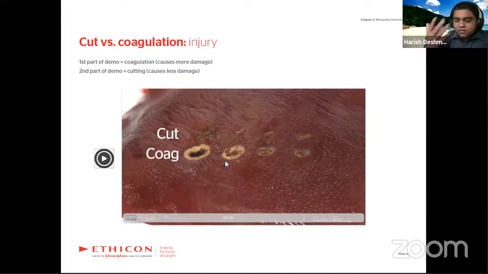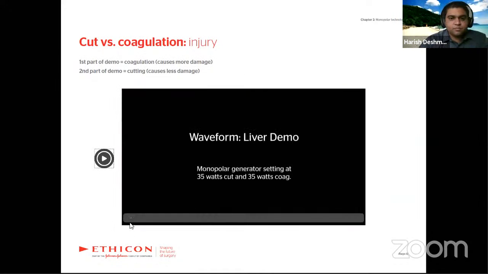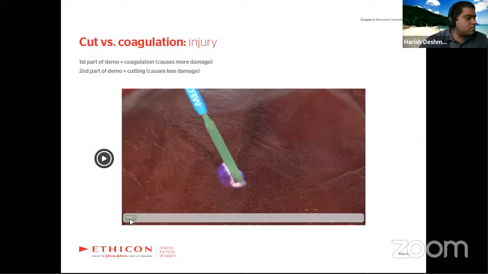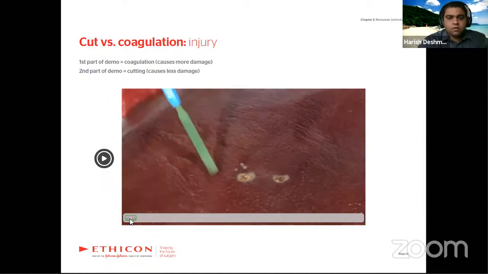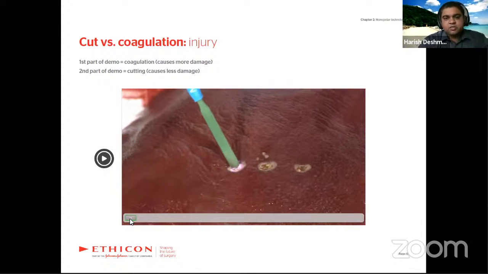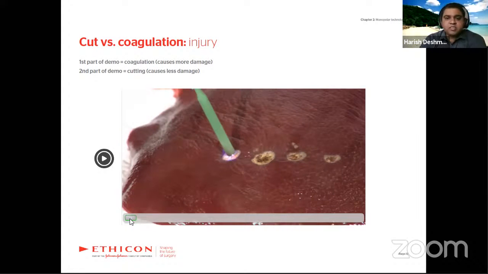So if you see here, in either case of coagulation and cut mode, the current which is passed is more.